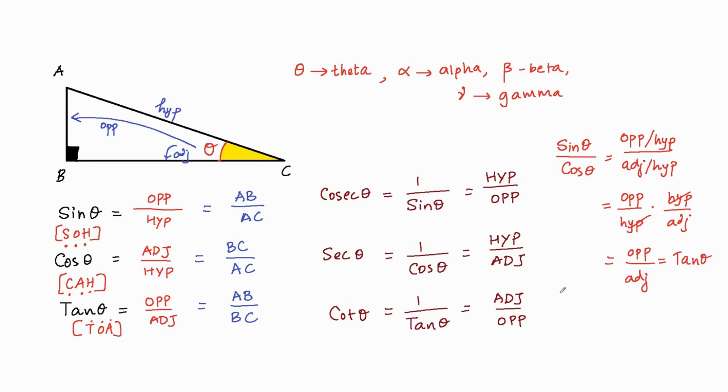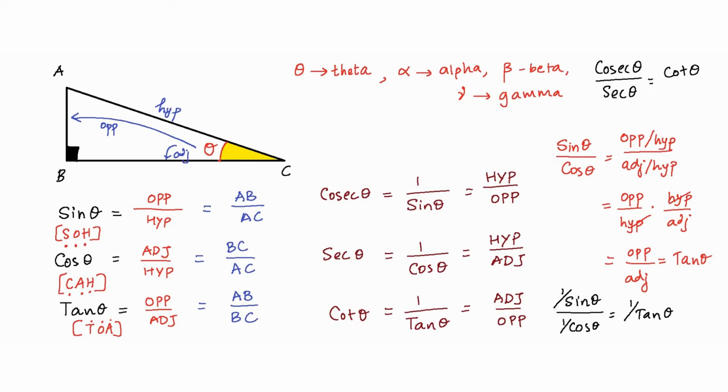Taking reciprocals everywhere, you will notice that 1 by sine theta divided by 1 by cos theta. So I took reciprocals in the numerator as well as denominator, and I am going to take the reciprocal even in the RHS. So what I get is 1 by sine is cosec theta divided by 1 by cos is sec theta, and 1 by tan is given by cot theta.